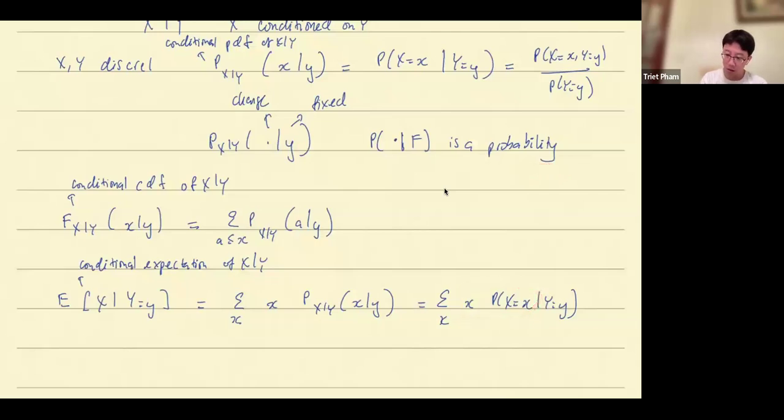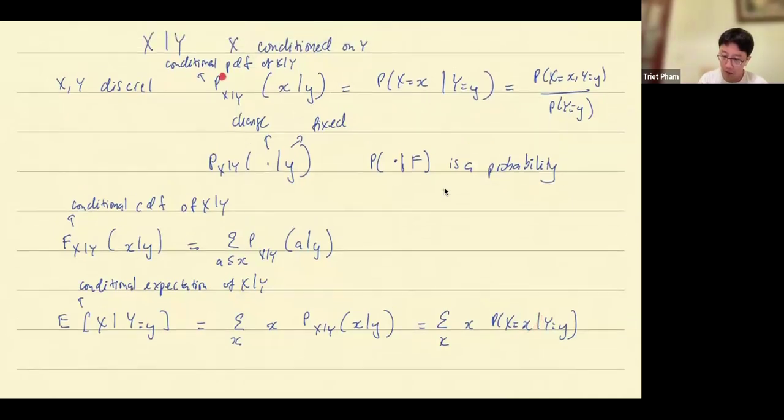So let me say this: conditional distribution function is a proper distribution function, just like conditional probability is a proper probability. That statement sounds a bit weird because what we're saying is when you fix what you're conditioning on and let the other change, it behaves just like the usual object that you know.